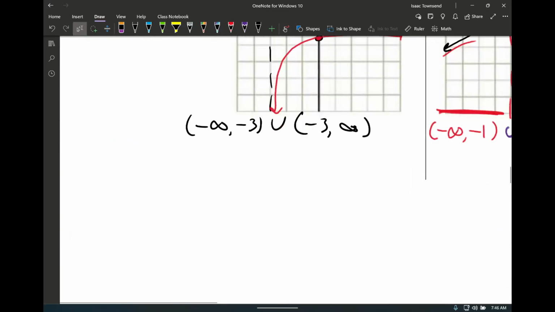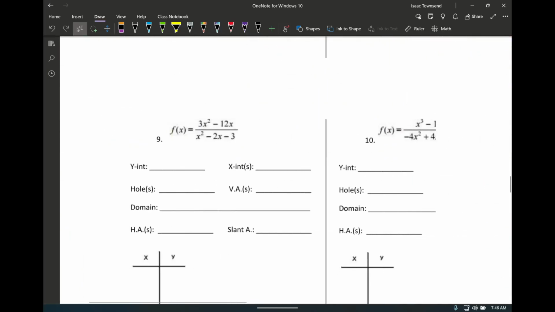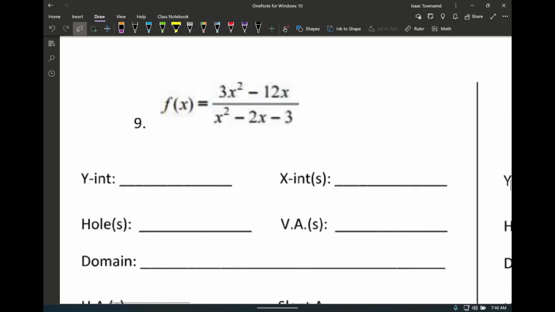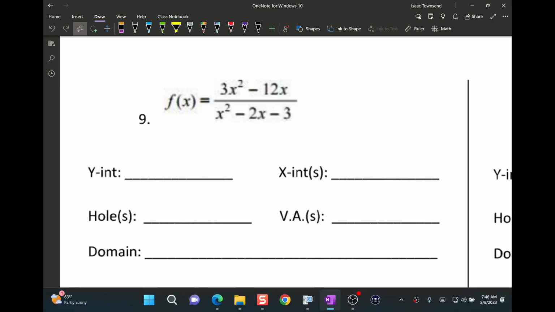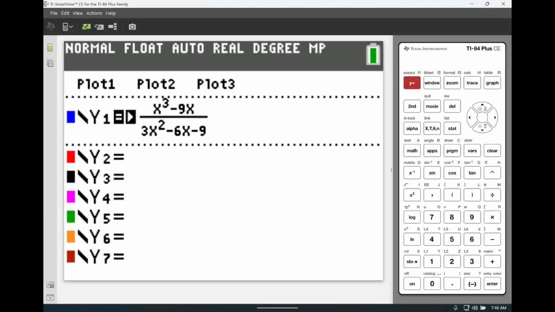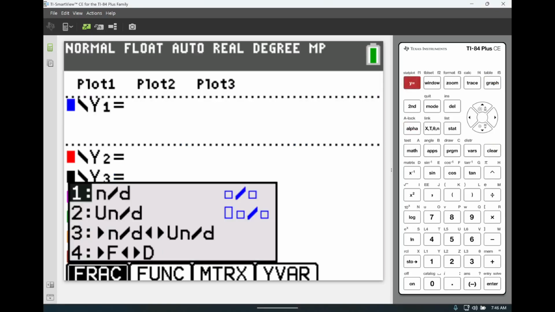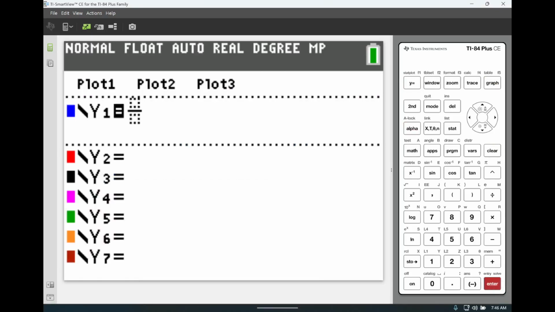Okay, then go ahead and try number 9, and I'll give you 6 or 7 minutes. Again, it should be getting easier. If you're really putting in your best effort, it should be getting easier.